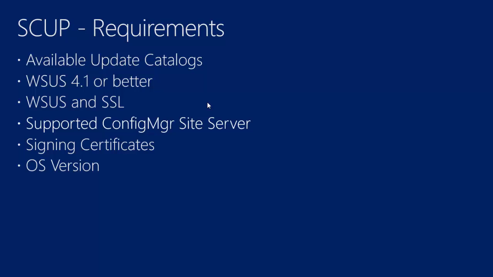That's called full publication in the SCUP world, as you'll see in a minute. And in that scenario, there will actually be content downloaded from the vendor or provided by yourself whenever you're building custom catalogs. That content has to be digitally signed in order to be consumed by clients in the enterprise.